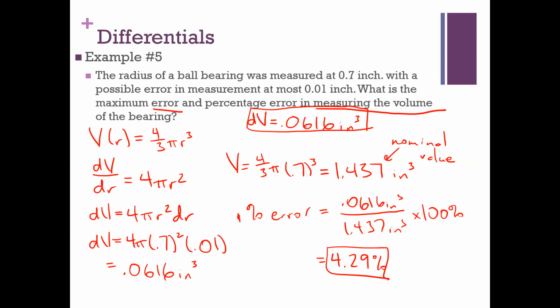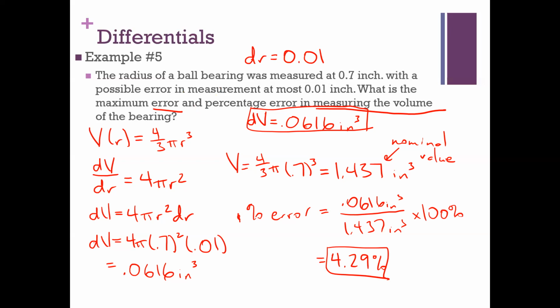So basically, bringing it back to differentials, the differential that we started with, the one we know could exist, is kind of a worst case scenario for the radius. But since the volume is based on that, whatever error exists in the radius is going to have some effect on the total volume.